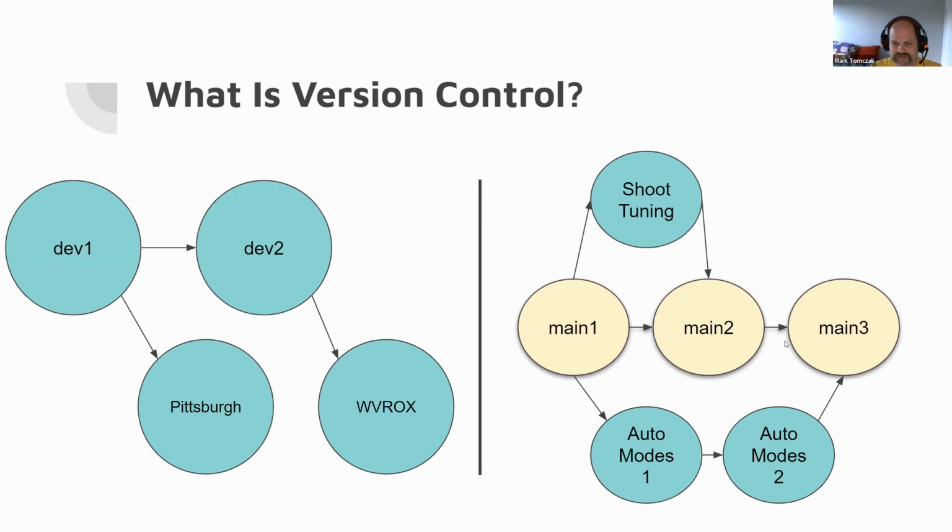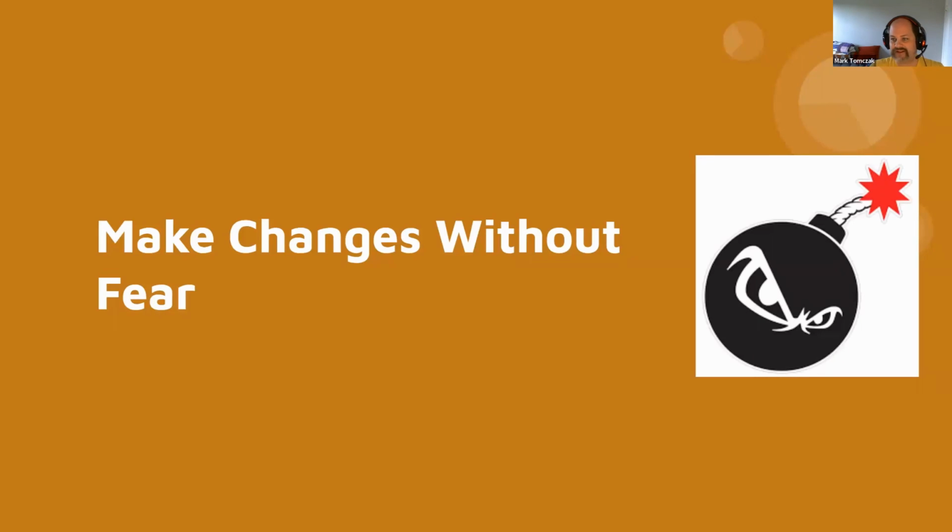It can also be useful if you want to make some experimental changes to branch your main repository and make your changes in a parallel universe, while the main repository can be used as code that is always ready to be landed on the robot and used. The overarching theme here is that version control allows you to make changes without fear. And that pretty much completely alters the way that you write code for the robot.